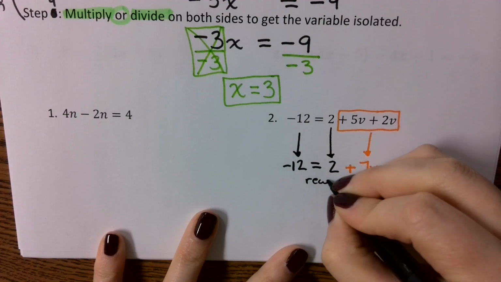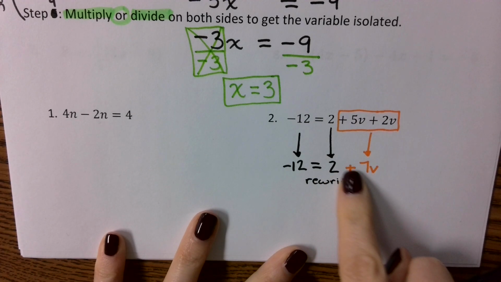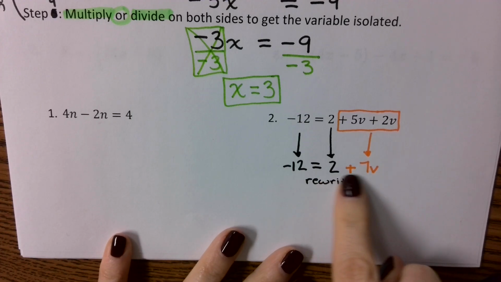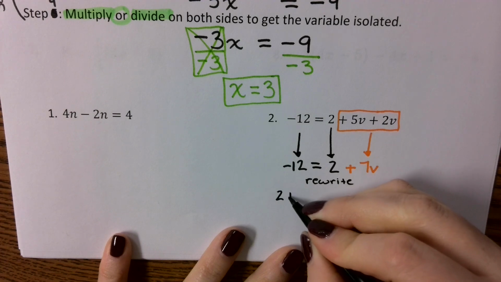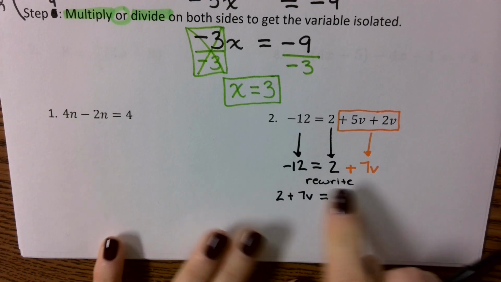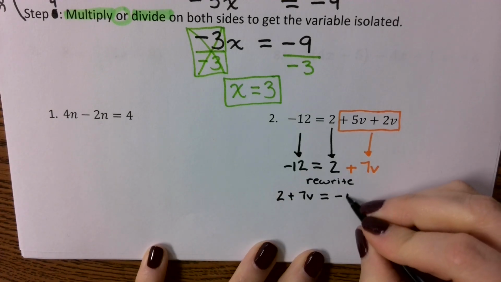So when we rewrite it, does the order of this change? Am I going to now put 7v plus 2? No. You're going to leave it in that same order. You're still going to keep it as 2 plus 7v. It's just now on the left side instead of on the right. And it's going to be equal to negative 12.